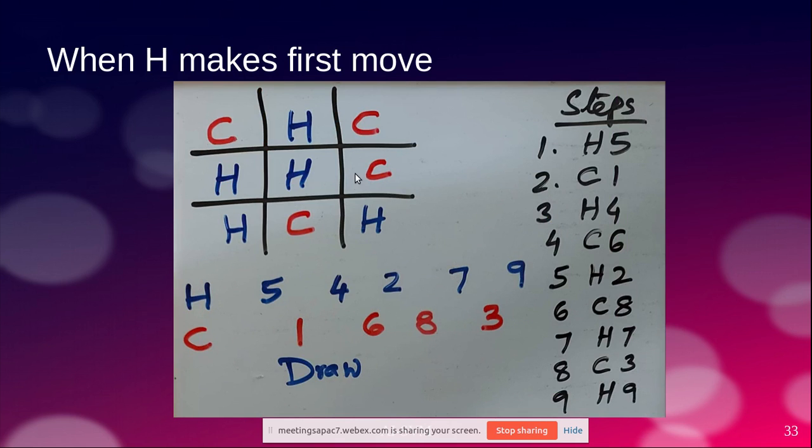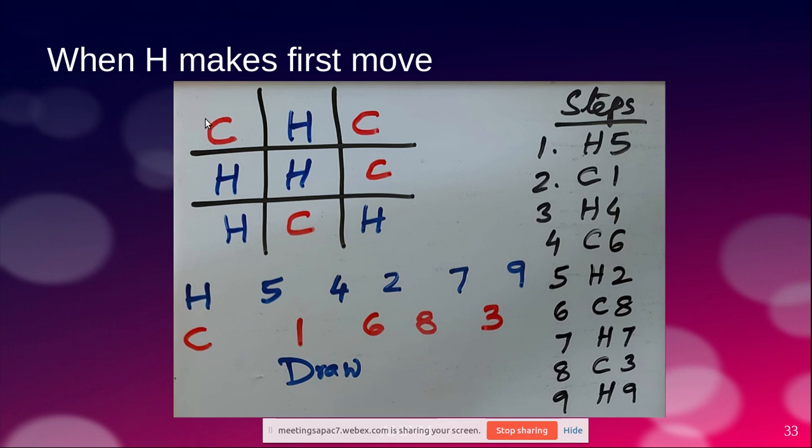Now if you start with the human playing, the human again started with the central cell. A human is also intelligent. The computer program is made by a human only, therefore he only knew how to start the game. So the human also started here.